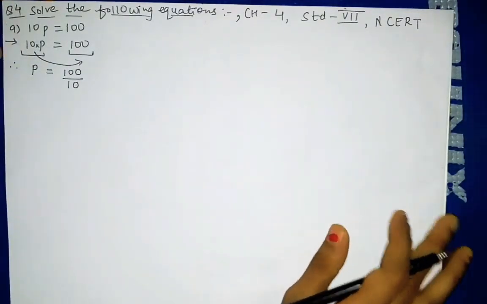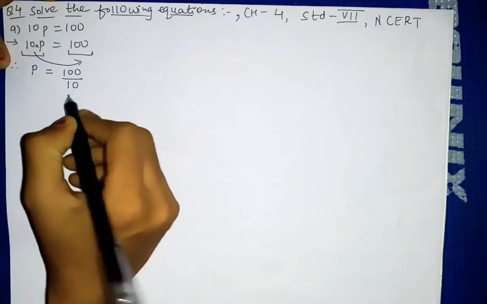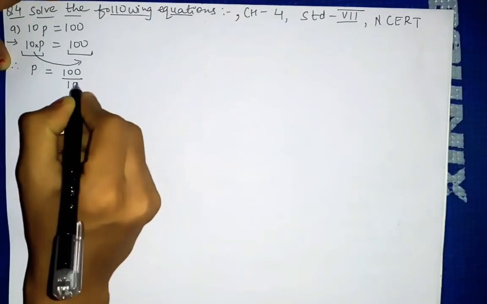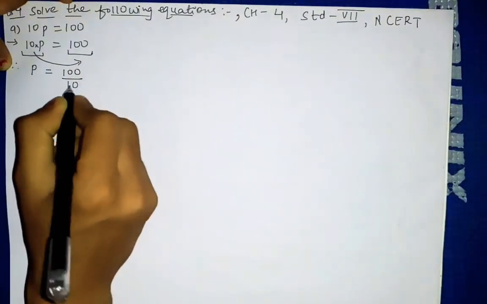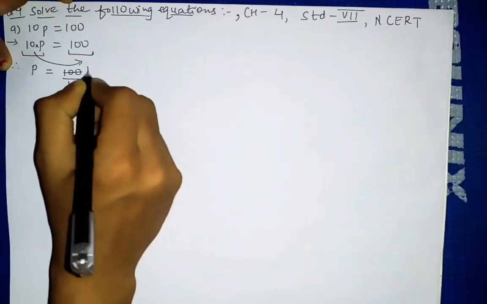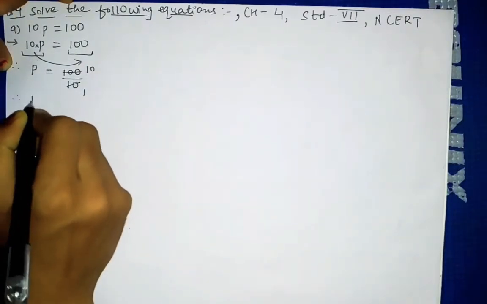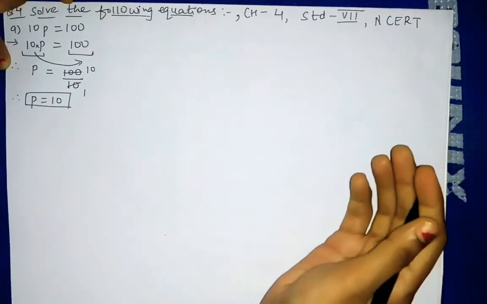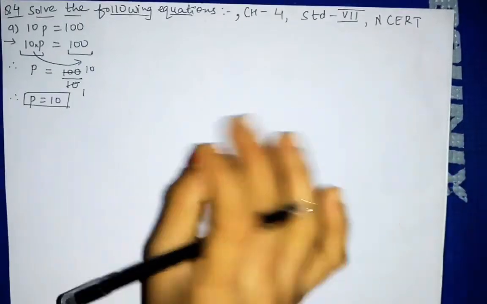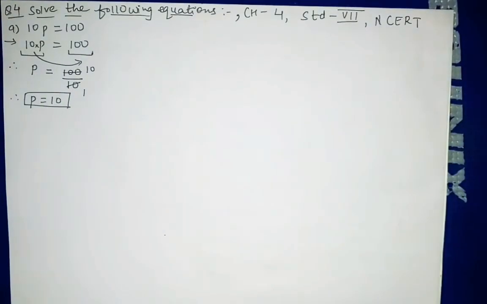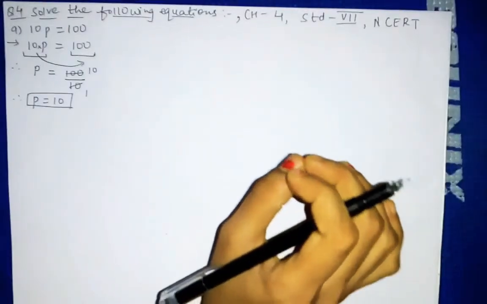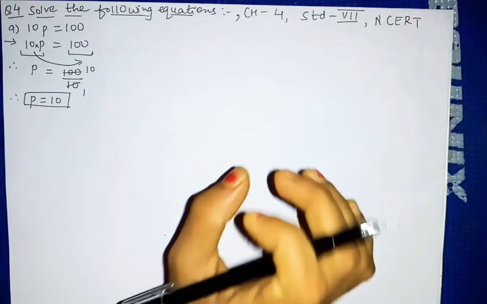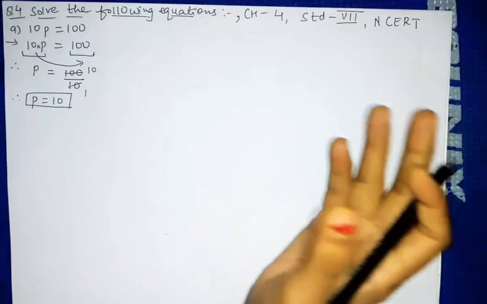So our next step is 100 upon 10. Now we will do cancellation. 10 ones are 10 and 10 tens are 100. So p equal to 10. This is our answer. Here we don't have to write steps; we directly take the terms here and there with change of sign. Change of sign is very important. If you don't do that, your answers may be wrong.